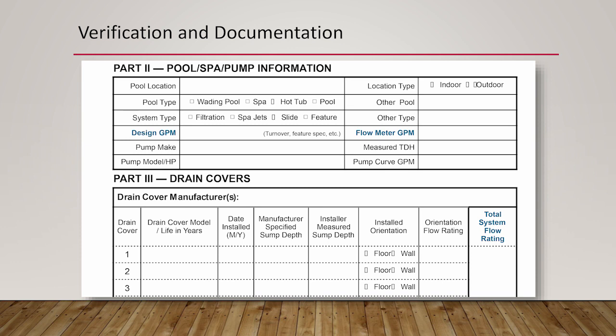Ray mentioned it in one video, but a lot of drain covers will have a different flow rating on the floor than on the wall. And that's a function of the air test. So you saw the video of the air pulling straight up, okay? And that goes into a big 12-inch pipe right on the form. You can't see that in the video. But that air is going 12 inches into a pipe and then pulls back out. Well, now picture that same test, turn the cover on its side and the pipe out the back.